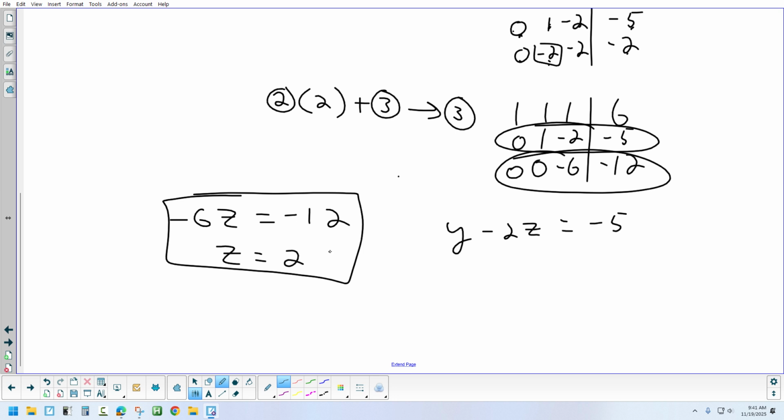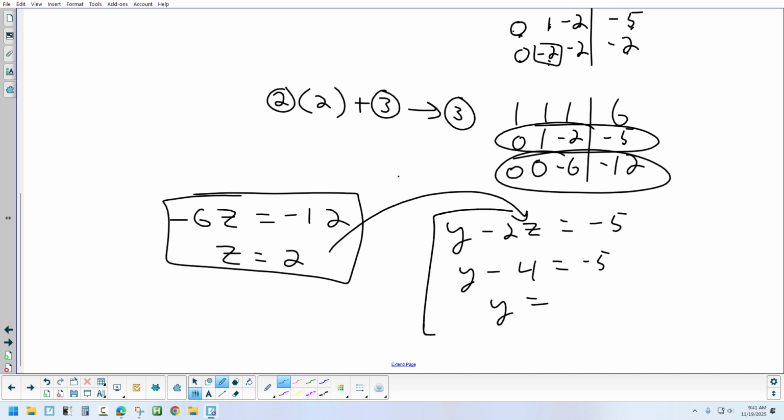And now fill in what have you got for z. So y minus, what's -2 times 2? -4. Then when we solve for y, what would we get? Negative 1.